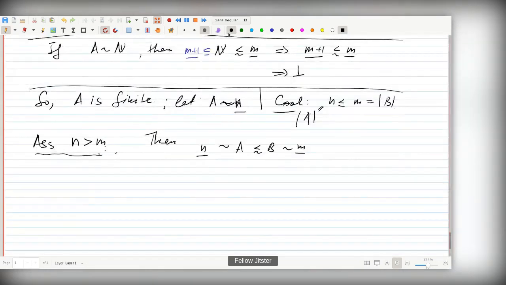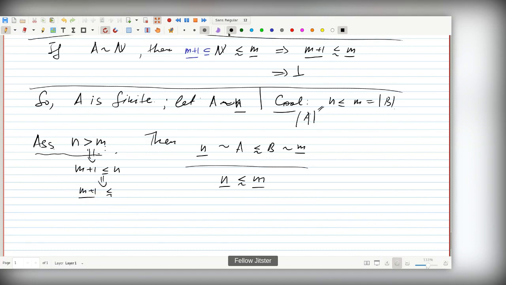So we have that n is embeddable into m underlined. But on the other hand, that means that m plus 1 is less or equal than n. That is, m plus 1 underlined is embeddable into n underlined, which gives us a contradiction with lemma 1.